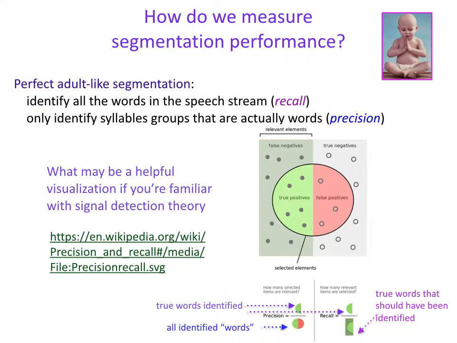And precision is really saying, of all the things you identified, how many of them are true positives? So true positives over true positives and false positives. Recall is, again, we care about the true words that you found, but we also care about the ones you didn't find. So you should have found all of these, but you only found these. So true positives divided by true positives and false negatives is what recall is getting at. So you see, the focus is always on the true positives, the things that you should have found.